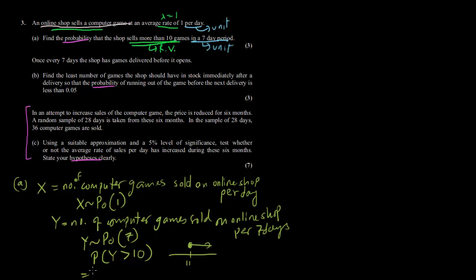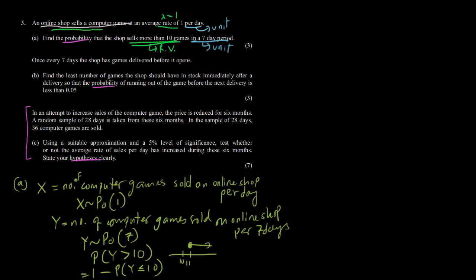Since the table given at the back of the book is cumulative, it has to be less than or equal to. So we have to write 1 minus the probability of Y less than or equal to 10. When we subtract from 1, that is 100%, we will get what they originally asked for, more than 10.